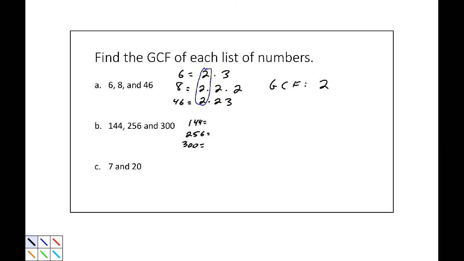So 144 can be written as 2 times, I know it's even, 2 times 72. 72 is 2 times 36. 36 is 2 times 18. 18 is 2 times 9. 9 is 3 times 3. So I could write 144 as 2 times 2 times 2 times 2 times 3 times 3. 4 2's, 2 3's.